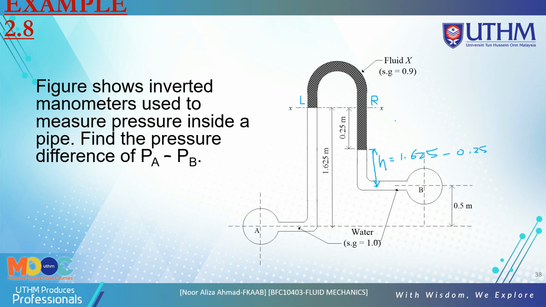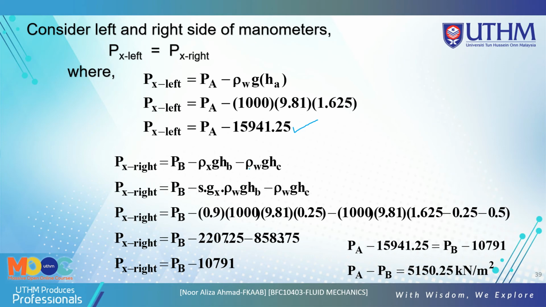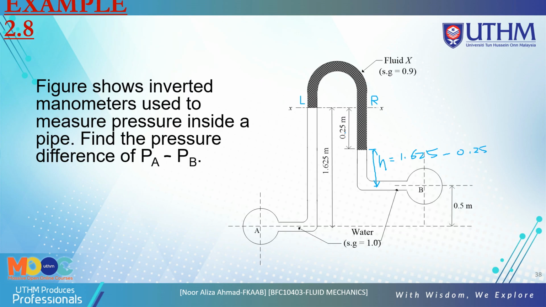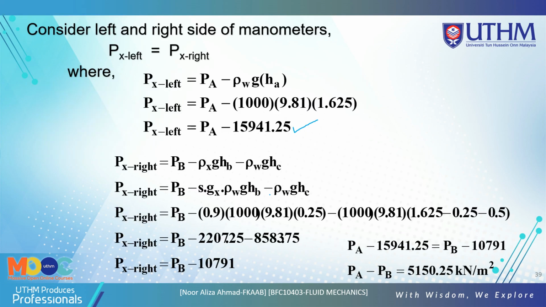So the fluid X here, SG. Okay, minus density of X. So that's why you get the density of X times by G times by the HB. HB is 0.25. Okay, HB is 0.25 here. Okay, so put all the values here until you get the PB is this one.